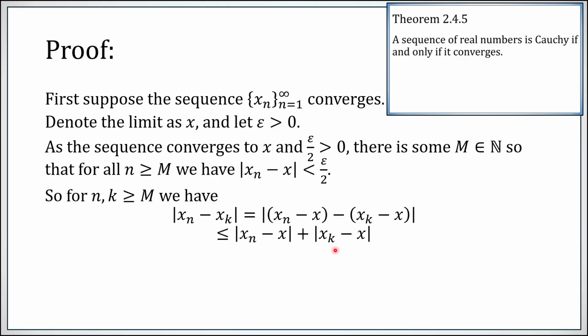Since both of these indices are bigger than M, for both of them I get less than epsilon over 2. So if the sequence converges, eventually every term is close to x. If every term is close to x, then they are all pretty close to one another. That's the gist of this argument. So from the fact that the sequence converged to x, we got that it is Cauchy.